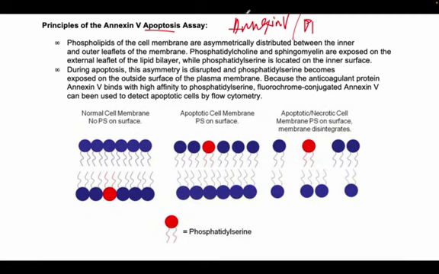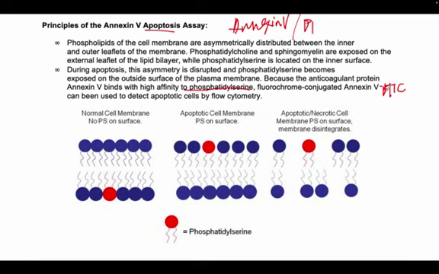Annexin V is an anticoagulant protein which binds to phosphatidylserine. Annexin V itself is not a fluorophore. It has to be conjugated to a fluorophore, so it will usually be conjugated to a green fluorophore, like FITC.